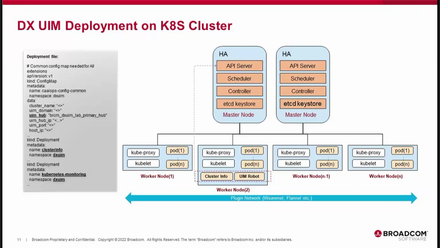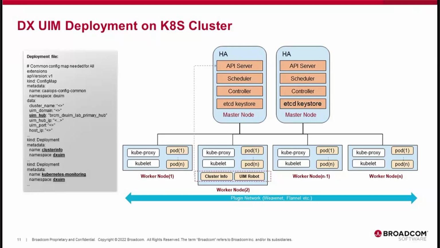Basically, this is all about deploying two containers or associated pods on the Kubernetes cluster. One is the cluster info, and the second one is the Kubernetes monitoring, right? Cluster info is a container image that will be available in standard repositories like JFrog Artifactory or Docker Hub.